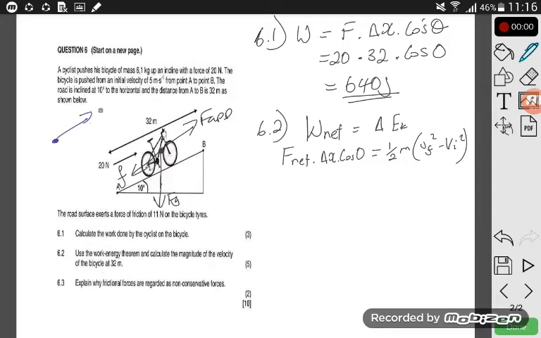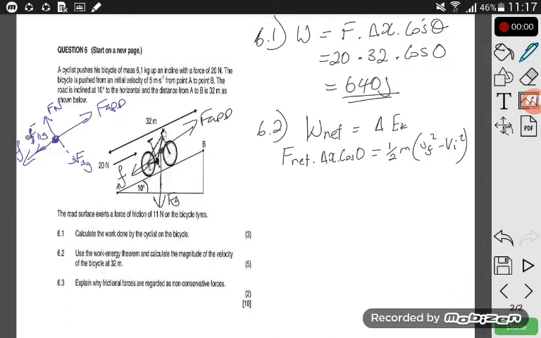So in this case we have the applied force here, we have the frictional force. Don't forget we must have the parallel component of gravity. Then we have our normal force, and we will have the perpendicular component of gravity.